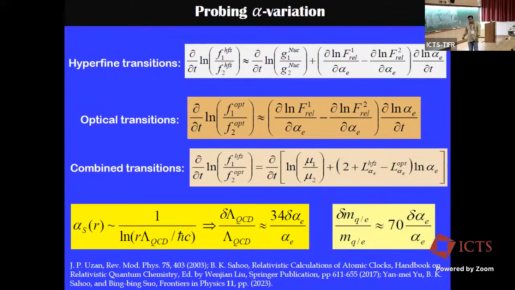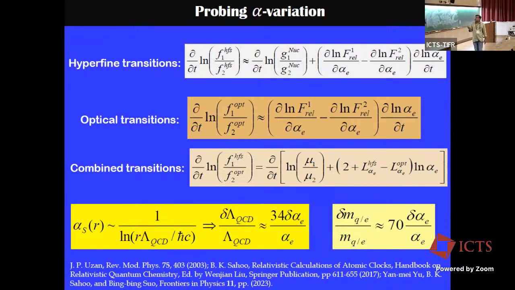And what else can be done using these atomic clocks? As I told you, in atomic clocks people consider hyperfine levels or fine structure levels or electron levels and so on. So if you consider hyperfine levels, these energy levels are functions of gyromagnetic constants as well as the alpha fine structure constant.